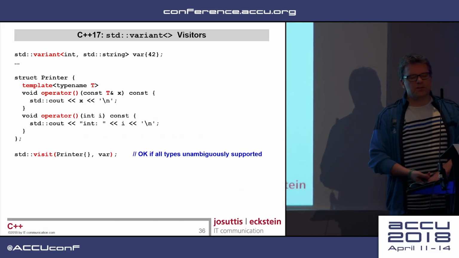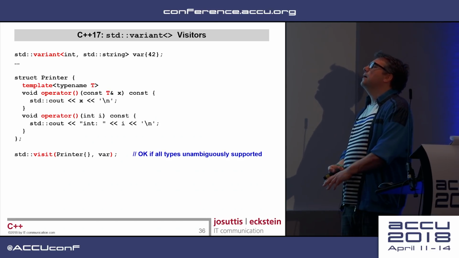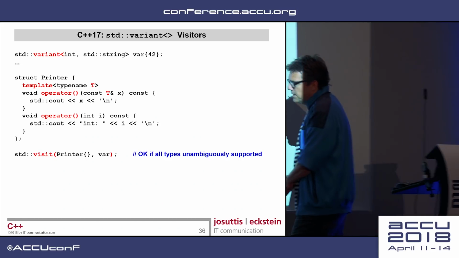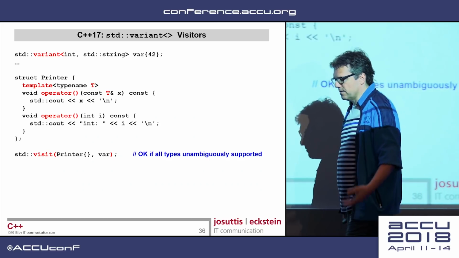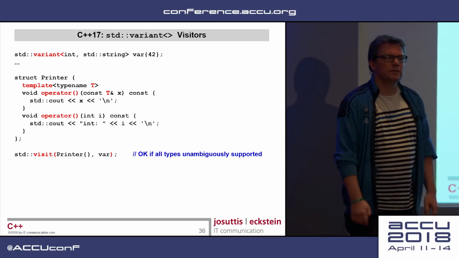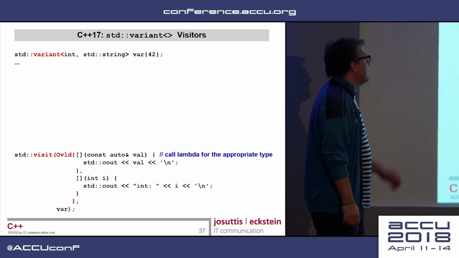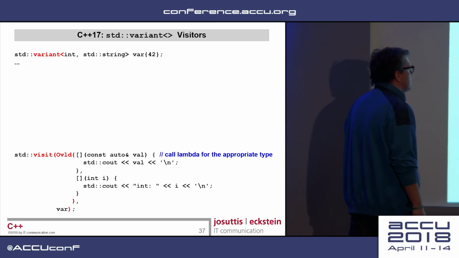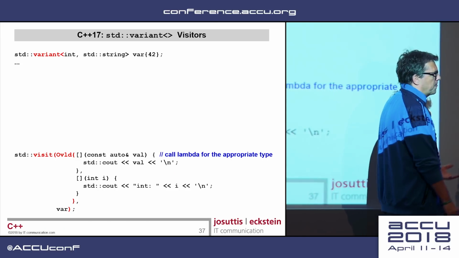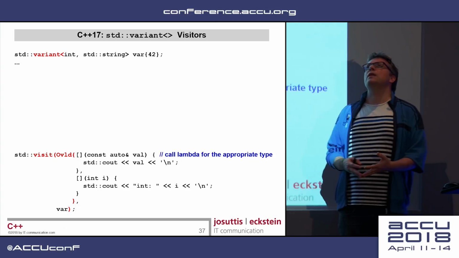But do we have another chance here? Instead of using template code and a function object to write it manually, can we here use lambdas? Yes, we can. Of course we can. Because we can program the following. Look at this. This visitor is using two lambdas.